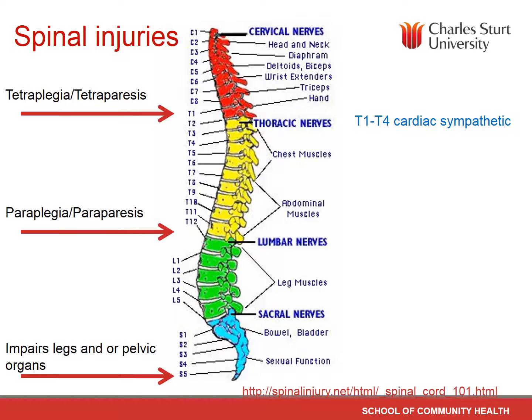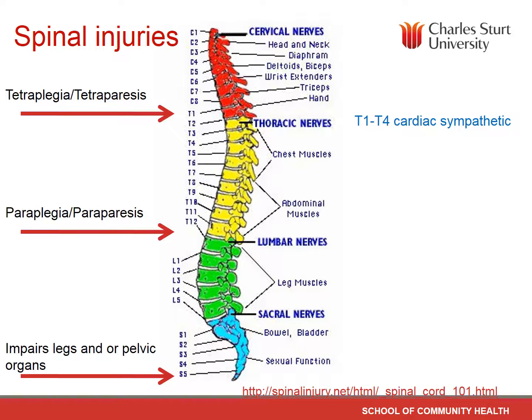Depending on which level, say if the injury was at C3, well, let's pick a more realistic level here. At C6, say, you'd still have use of some wrist extensors, deltoids, biceps, diaphragm, so you'll be able to breathe, and movement of head and neck.